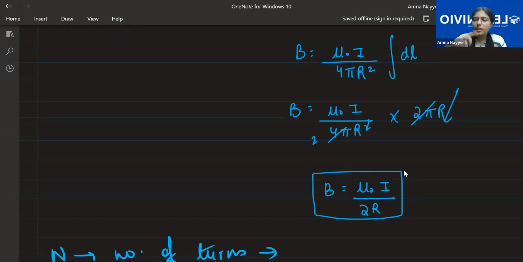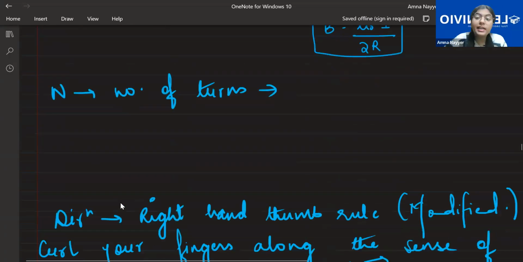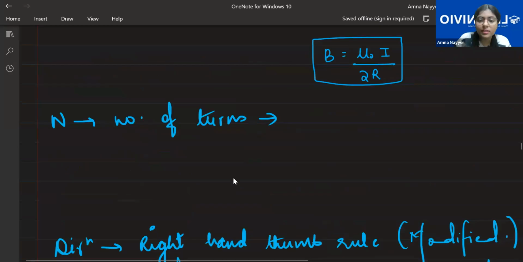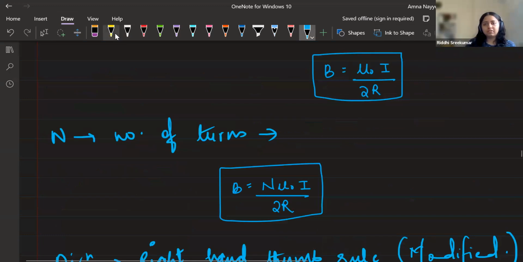Let's say many turns are there at the center of the circle. Here, you will get the magnetic field value at the center. And if multiple circles are there, n number of turns, you multiply it with n times mu naught I divided by 2r, where n is the number of turns. So, like a solenoid?